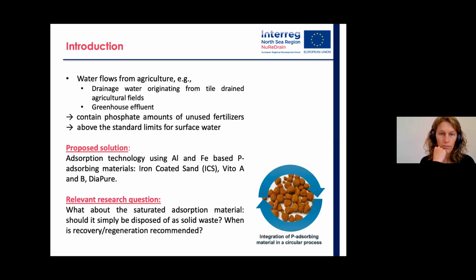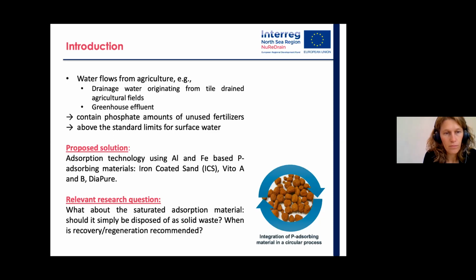What we already know and mentioned today is that water flows from agriculture contain an amount of N and P from unused fertilizers. This effluent water can be drainage water from tile drained fields, or effluent water from greenhouses.